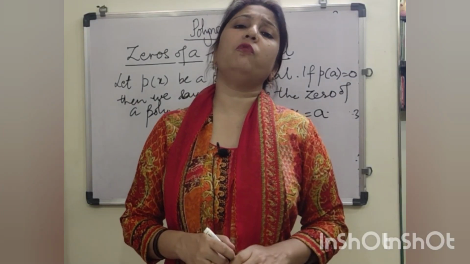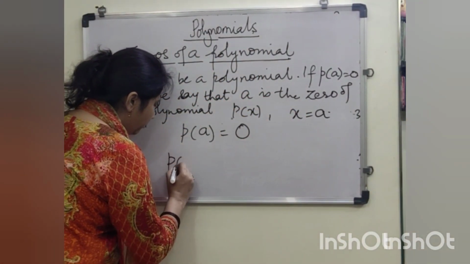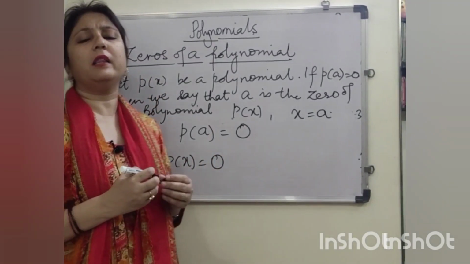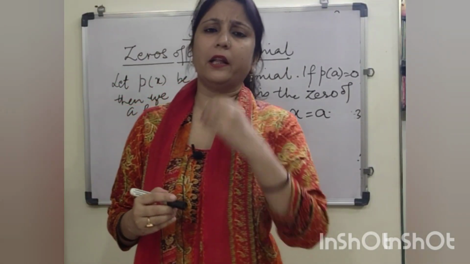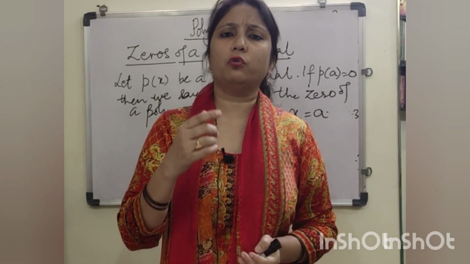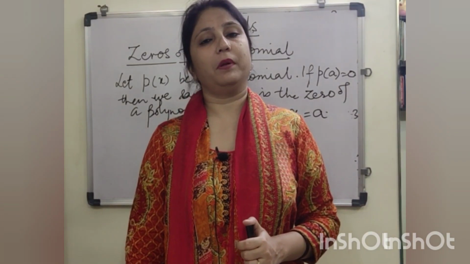If you want to find zeros of polynomial, that means you are solving this thing. You have to write that polynomial equals to 0 and solve that equation and get the different values of x. Those values will be definitely zeros of the polynomial.